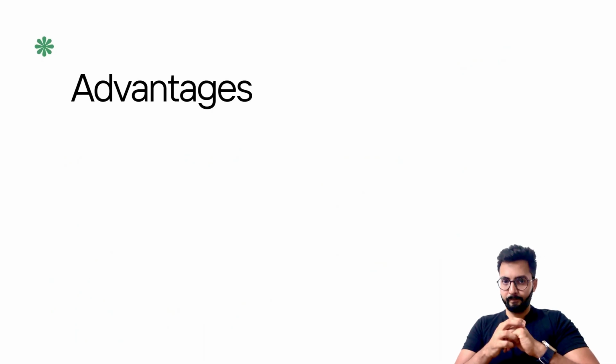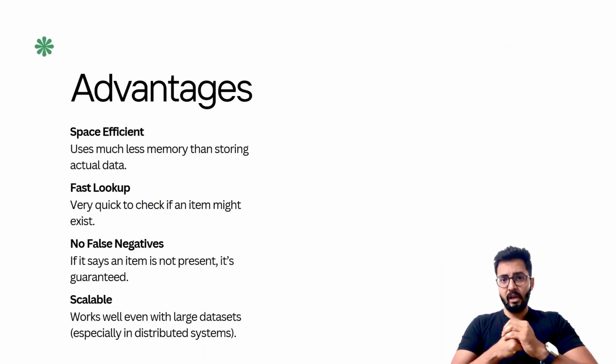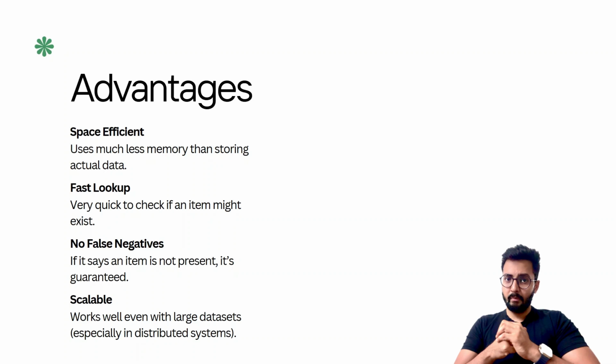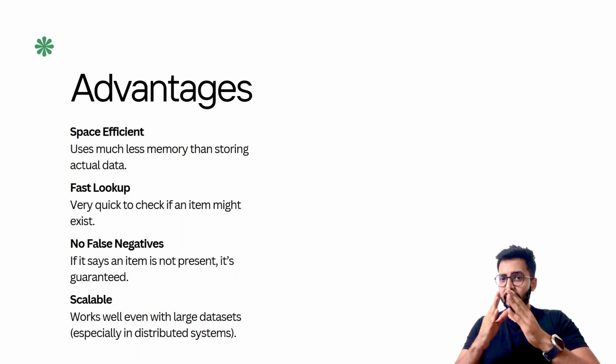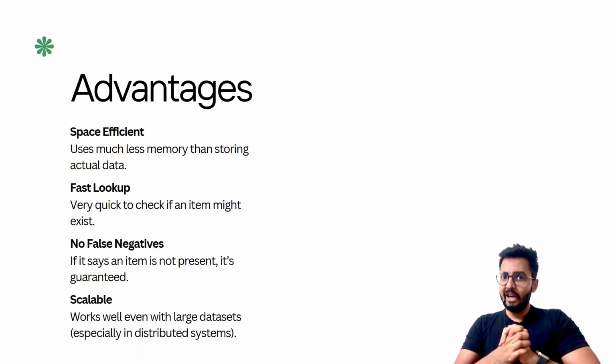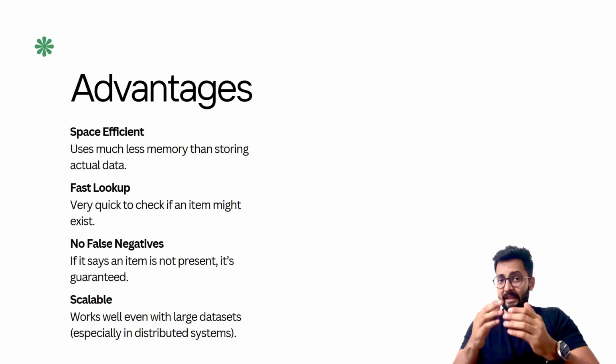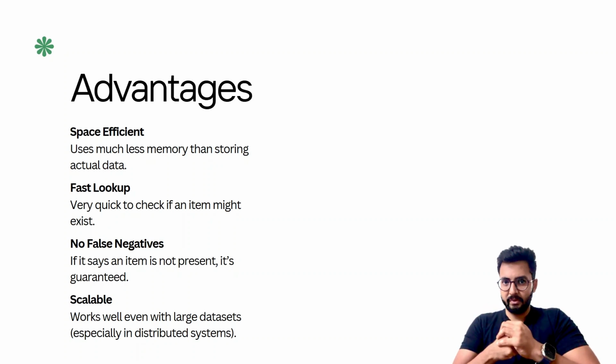Now let's look at the advantages of Bloom filters. The first advantage is they are space efficient, because instead of storing the actual data, Bloom filters just store a bit array, which means they use much less memory overall. Second, they offer fast lookup times, because checking if an item might exist is super quick, making them perfect for real-time systems.